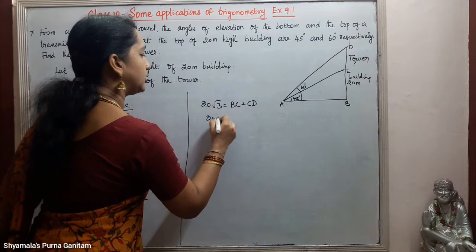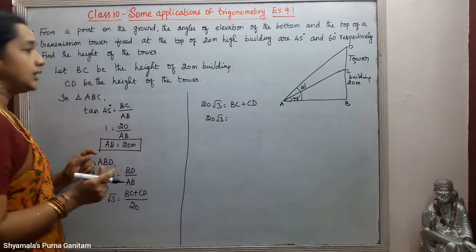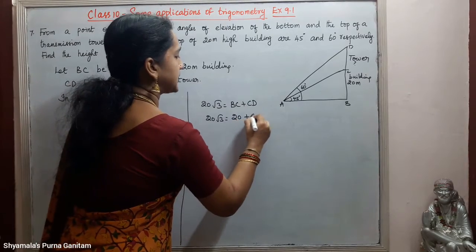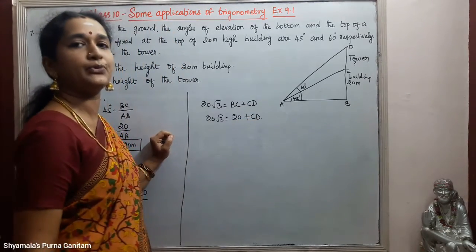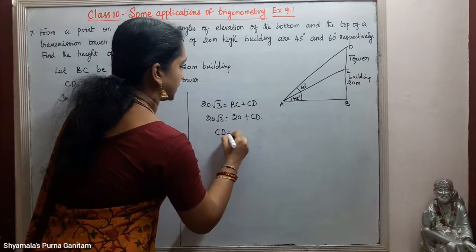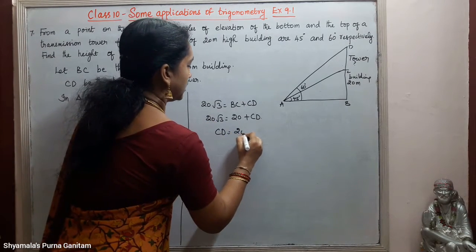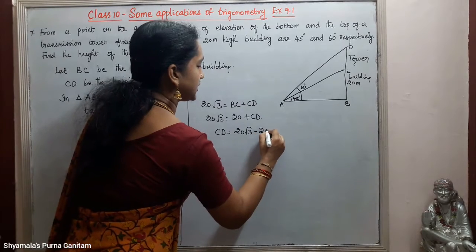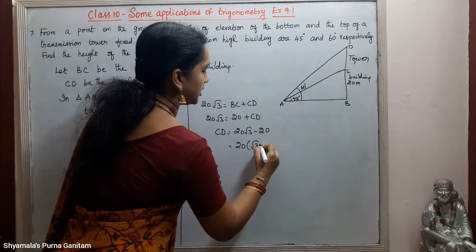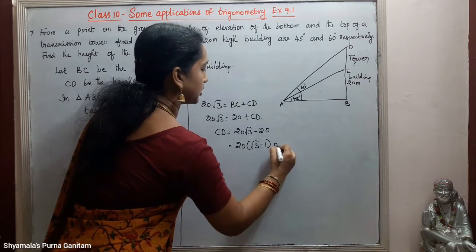So 20 root 3 is equal to BC, which is 20 meter, plus CD. We are asked to find the height of the tower only, that is CD. So CD is equal to 20 root 3 minus 20. In this, we can take 20 common out, so we get root 3 minus 1 meter.